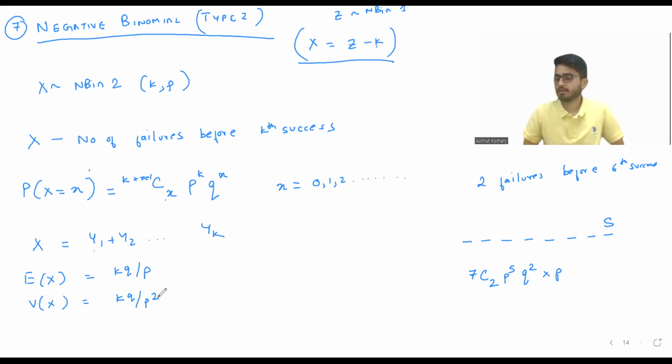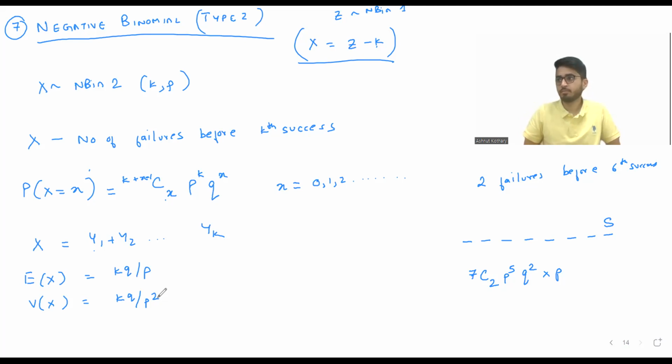If you observe one thing for negative binomial type 2, if you compare the mean and variance, can you tell me which one will always be greater than the other? You see the mean and variance. Between these, which one will be greater? Because the denominator has an additional P, and P takes values from 0 to 1, the value will increase.